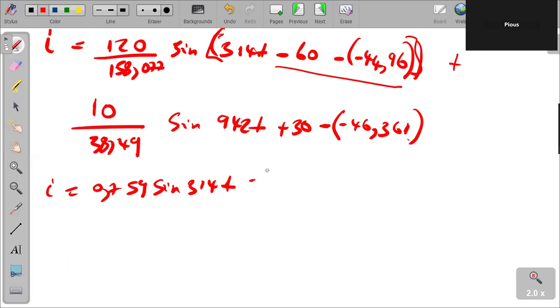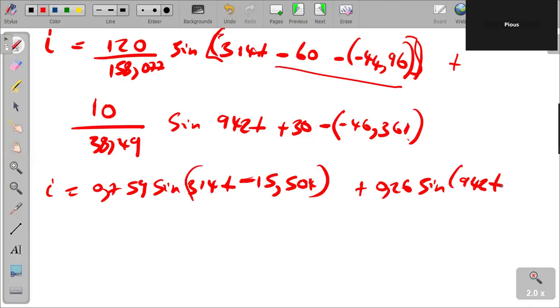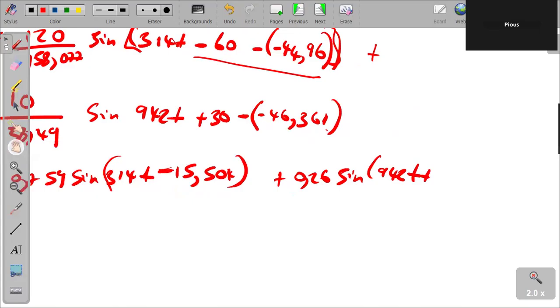It will give us minus 15.504, plus 0.26 sine 942t plus, I'll just try to write on the same, so that's t plus 76.361, simplification of 30 minus that, 76.361 amperes.